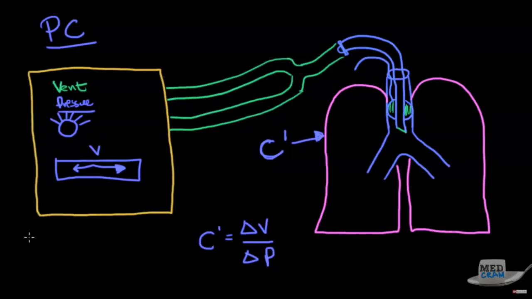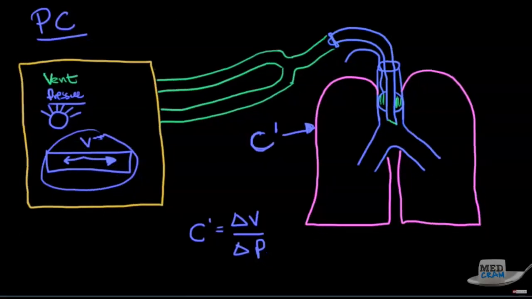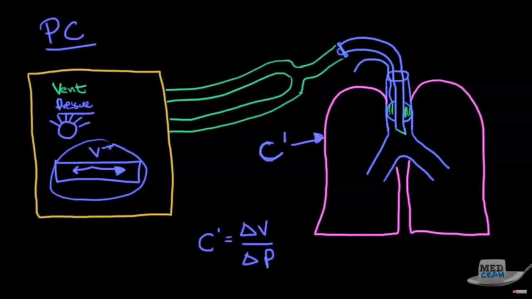So in pressure control, you can also have the patient or time triggering a set change in pressure. And depending on the compliance, the volume can change. And so the key here is that you need to have alarms set up, and you need to know and understand what those alarms mean.